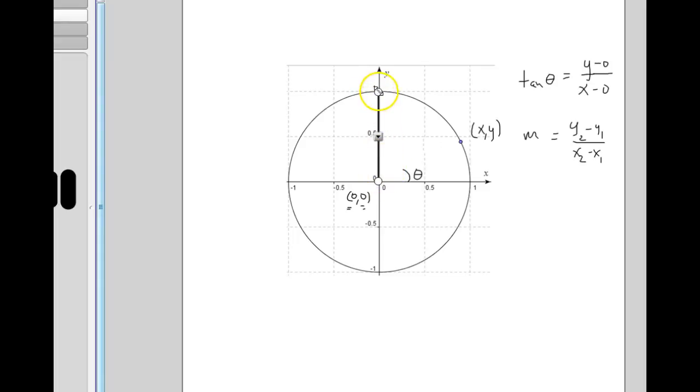Or you can think of it as infinite. We're getting a higher and higher slope, steeper and steeper until eventually it's infinite. Infinity is not a defined number, it's just kind of an idea. So we go from a 0 slope to an infinite slope in just 0 to 90 degrees.